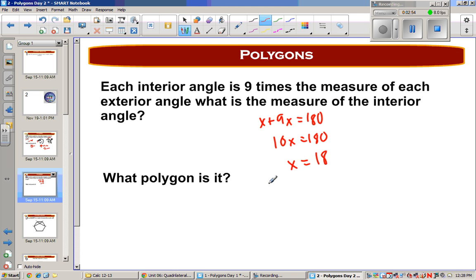So if my exterior angle is 18, my interior angle is going to be 180 minus that, which is 162. So if I want to know what type of polygon it is, I take 360 divided by 18, and that would be 20 sides, or 20-sided polygon, and you could just call it a 20-gon if you'd like.